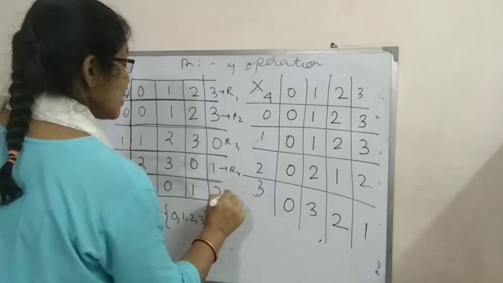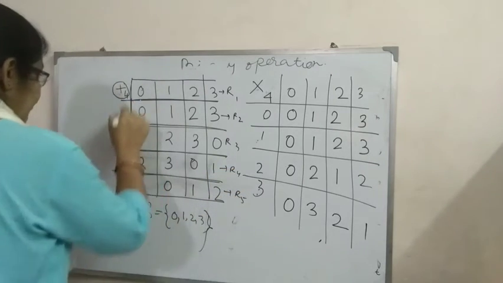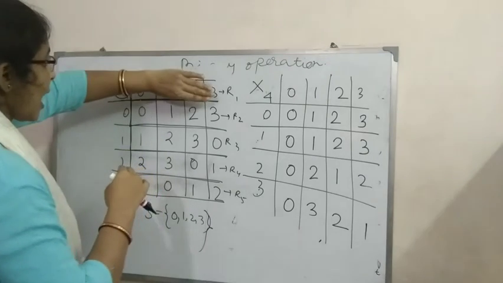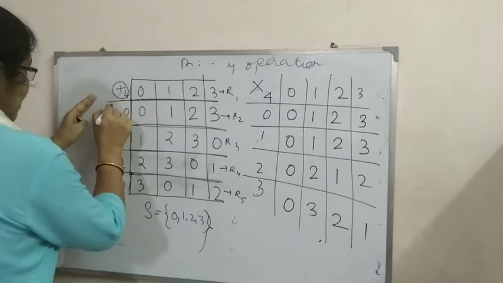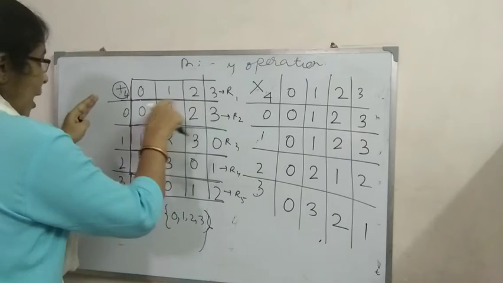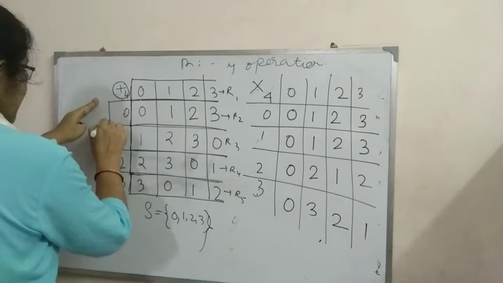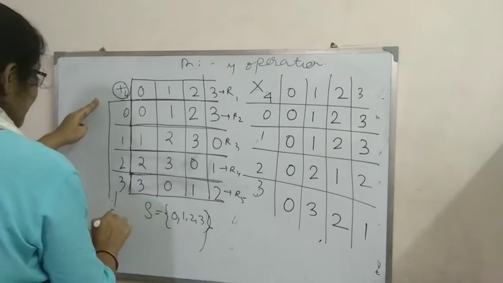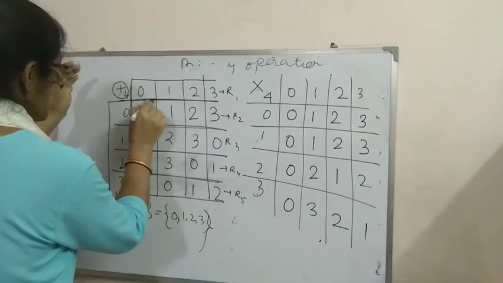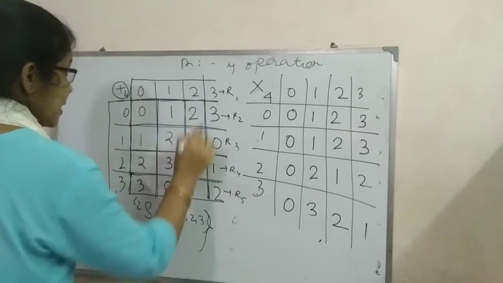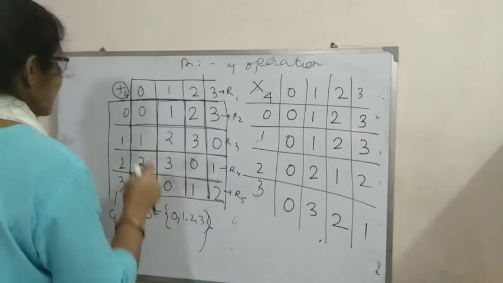And from here this is column 1, this portion I will not take. This is the first column, this is second column, this is third column, this is fourth column, this is fifth column.